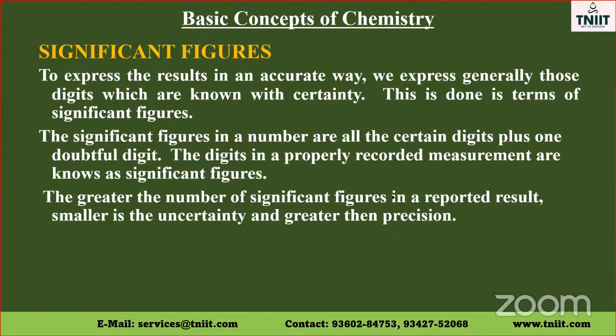Now the next concept is the significant figures. What are significant figures? Now, to express the result in an accurate way, we express generally those digits which are known with certainty. This is done in terms of significant figures to express the result in an accurate way.